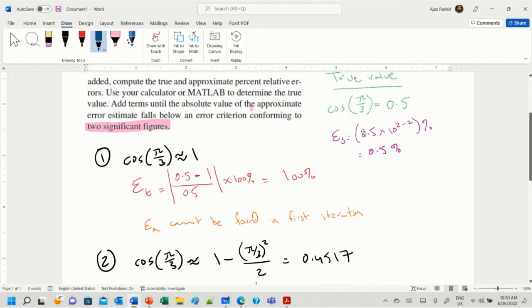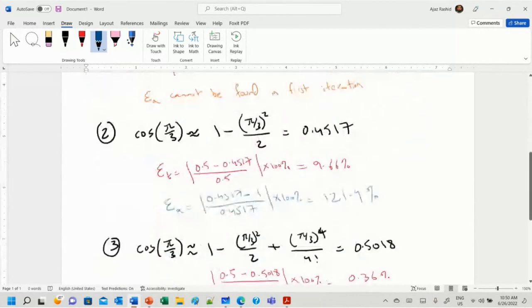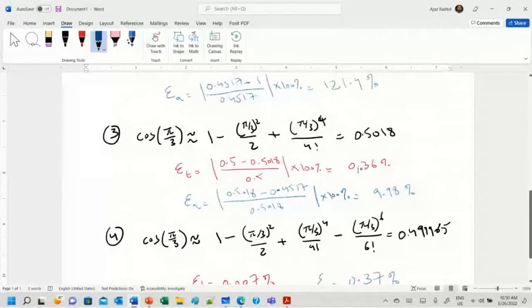Another thing to remember is that we can relate the stopping criteria to the significant figures, and we can use this equation to find the stopping criteria. When you use the stopping criteria, you compare it with the approximate error, not with the true error. So even if the true error here was less than 0.5%, you don't stop here because you are comparing it with the approximate error, not with the true error.